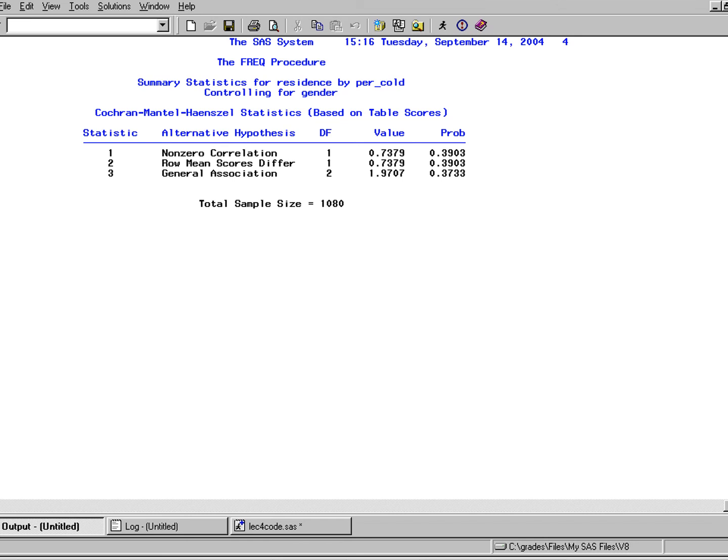That means we fail to reject the null hypothesis, at least at the usual 0.05 level, which means that the average number of colds does not differ between rural areas and urban areas, even after adjusting or controlling for gender, or sex, I should say.